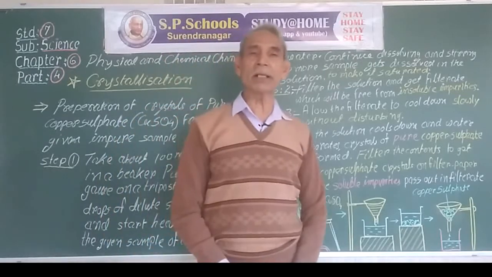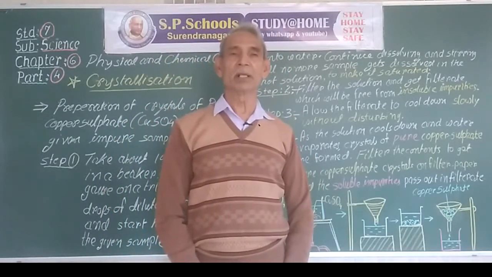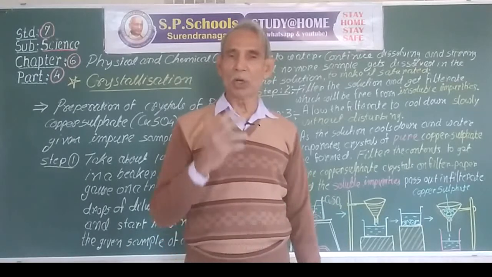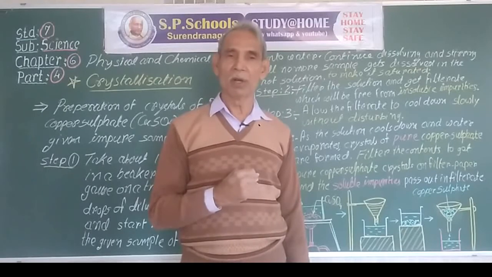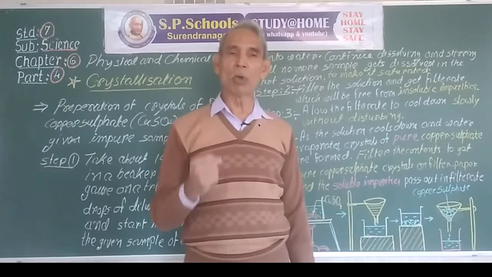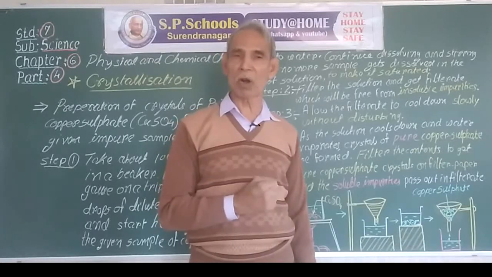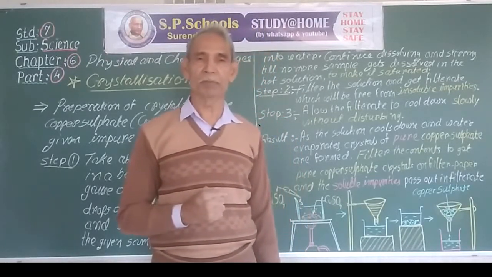Our purpose is to get a solution in which no more copper sulfate can be dissolved. We call this type of solution in which no more solute can be dissolved a saturated solution.